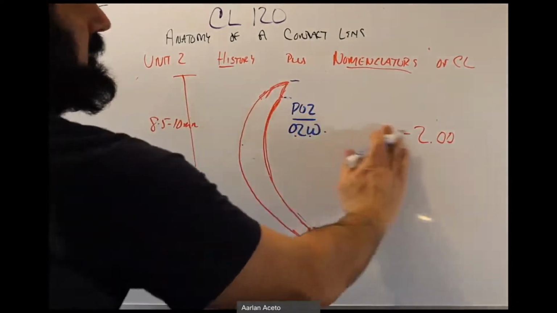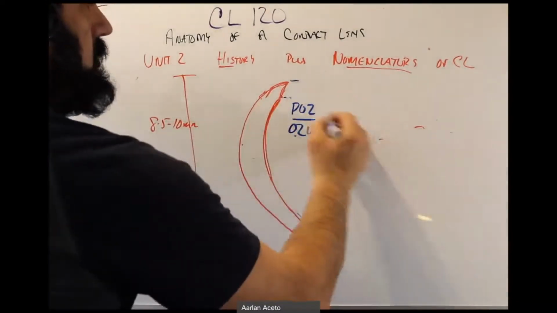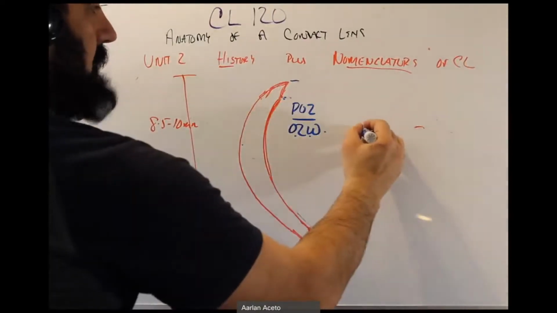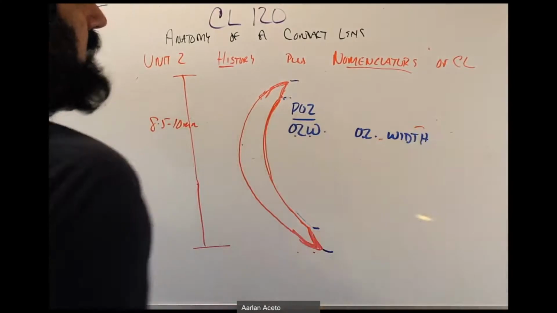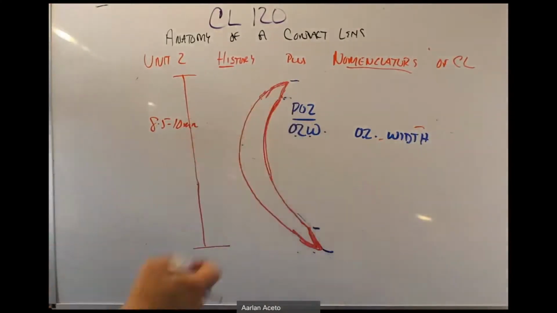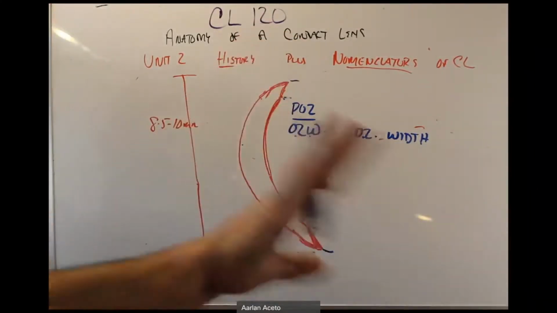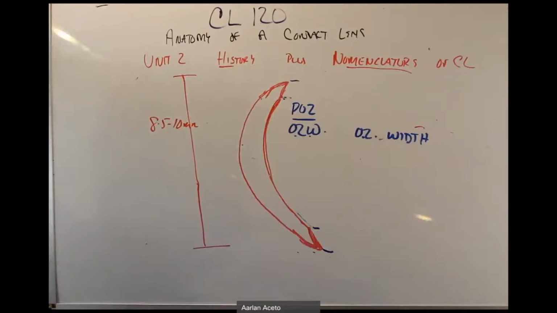And we can measure how wide it is. That's the optic zone width. And there's another characteristic, and that is how steep is it? We need to know how flat it is or how steep it is based on the person's cornea that we're going to put it on.